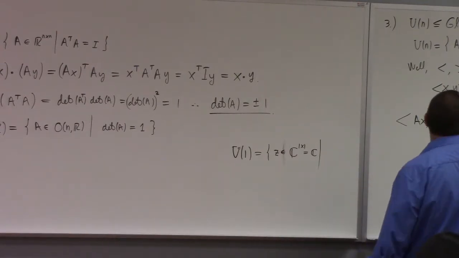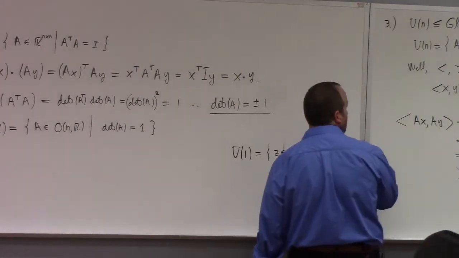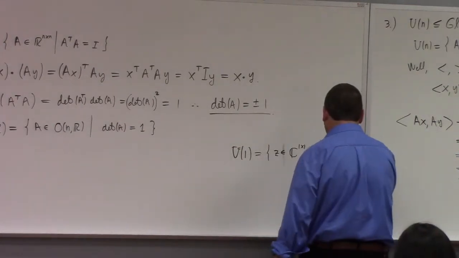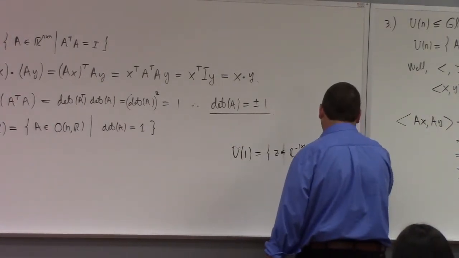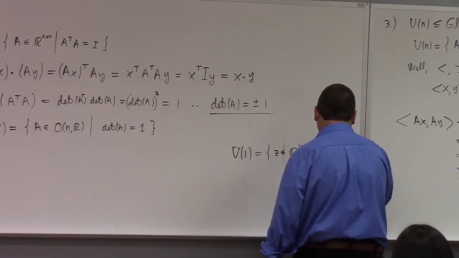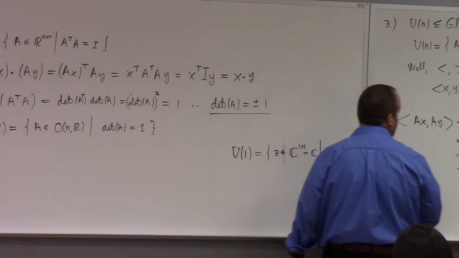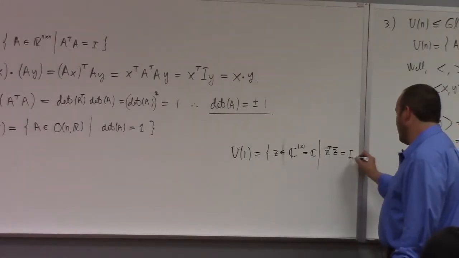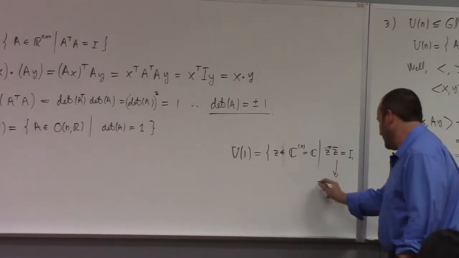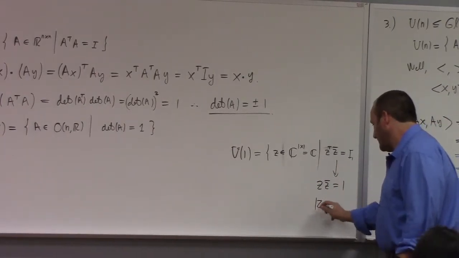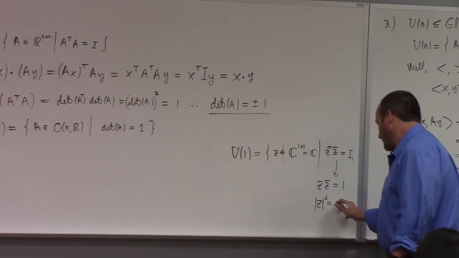But anyway, stars and bars, bars and stars. I'm going to go with my underlined one. z transpose z bar. What's the transpose of a number? I'll put the identity here, the 1 by 1 identity. So it just becomes z z bar equals 1, also known as the modulus of z squared equals 1.